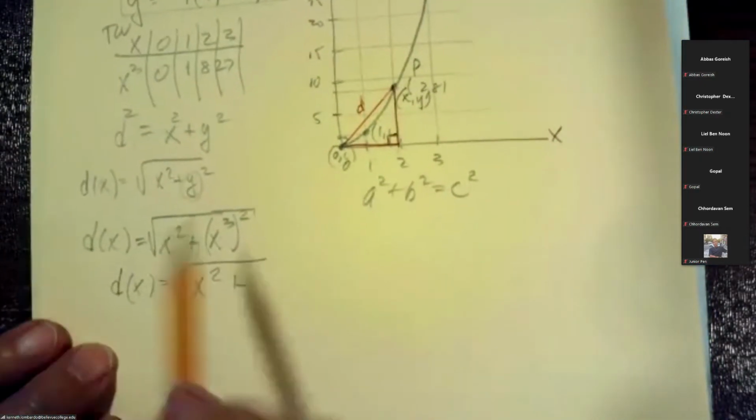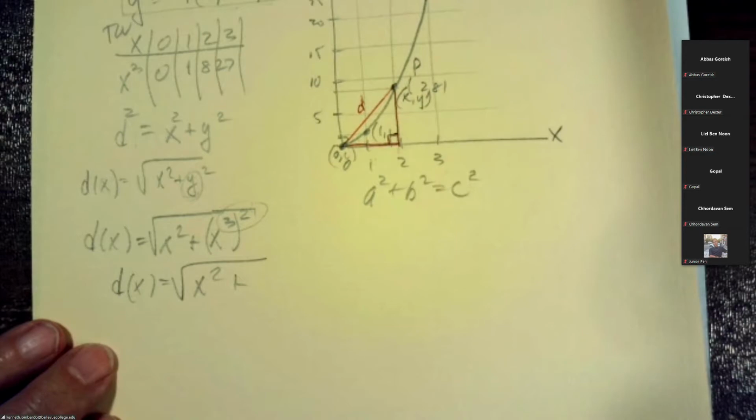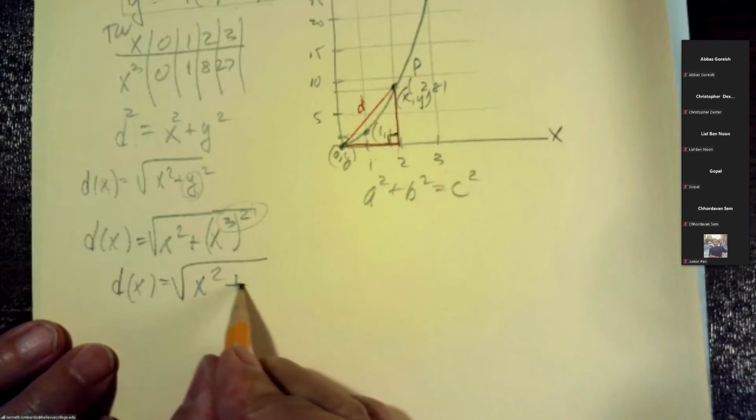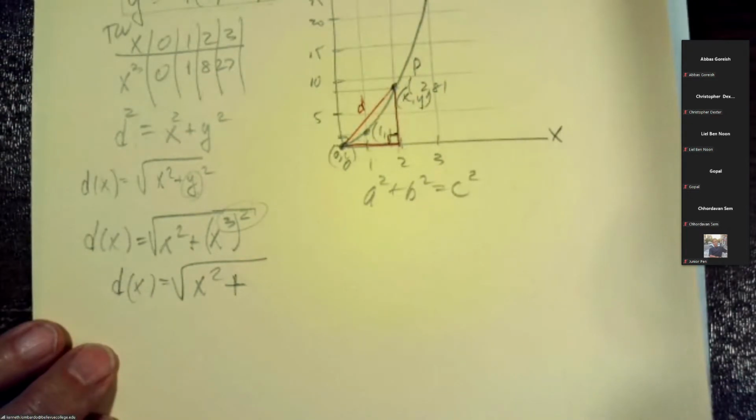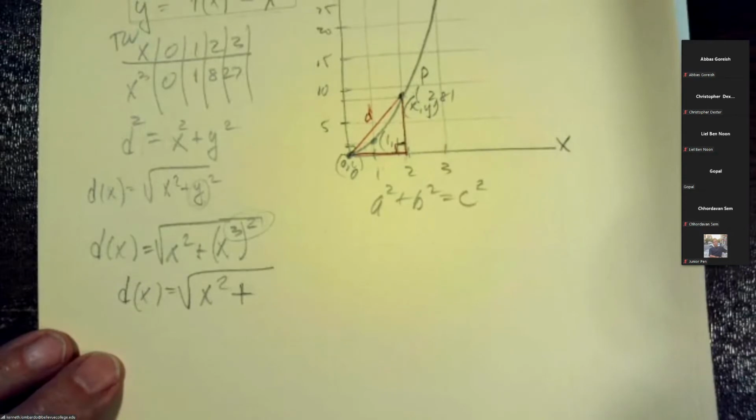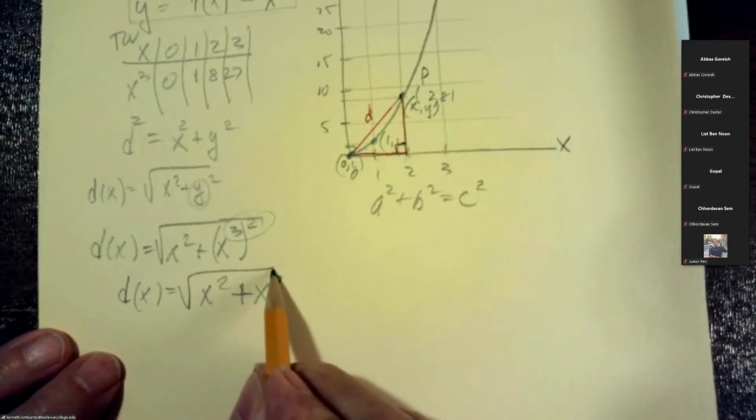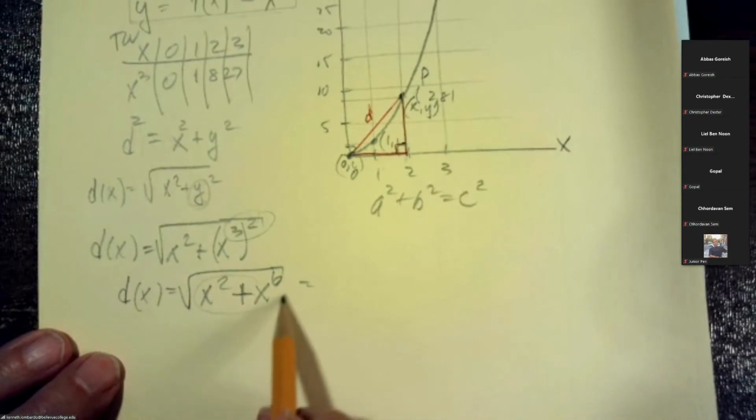And then can I simplify this? Can this be simplified, or is that the simplified form? X to the sixth power. X to the 6, okay. And then can I combine these here?